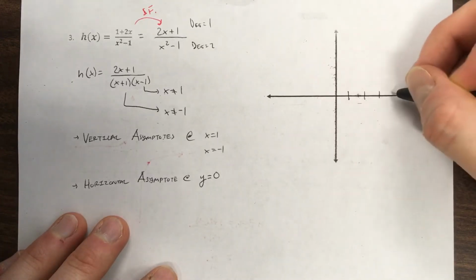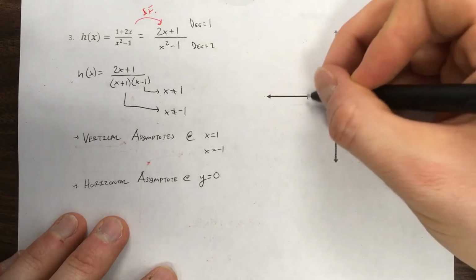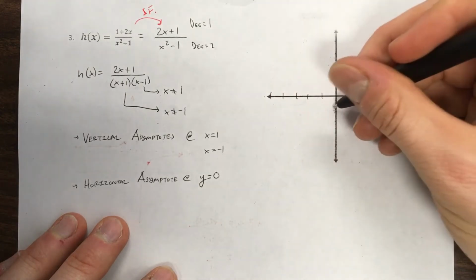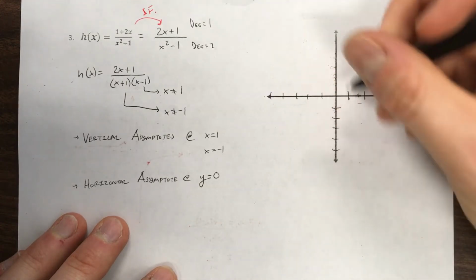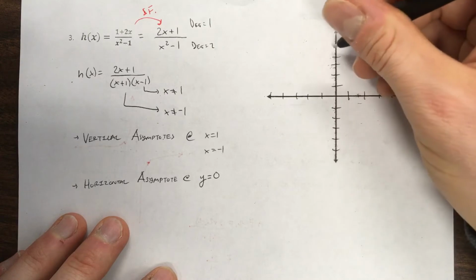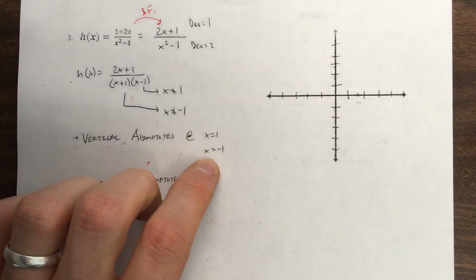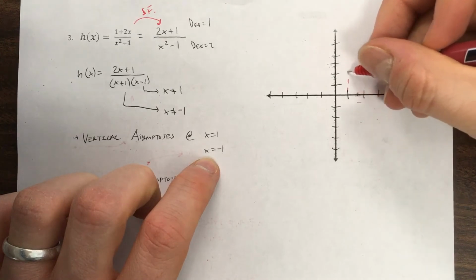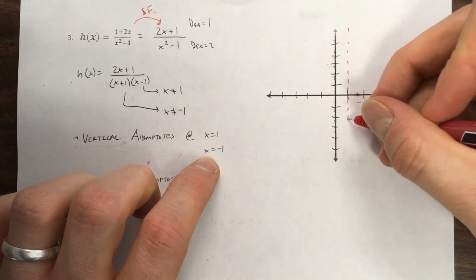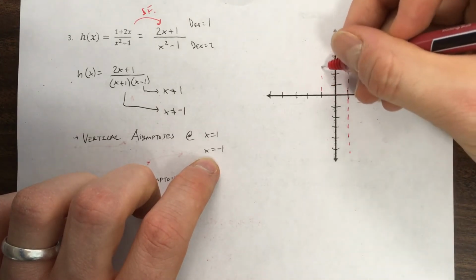We have two vertical asymptotes here, one at 1 and one at negative 1. So the one at 1 would be here, negative 1 here.